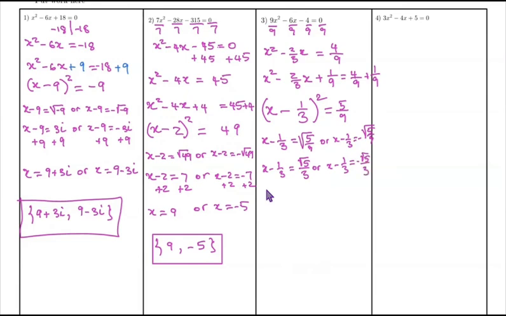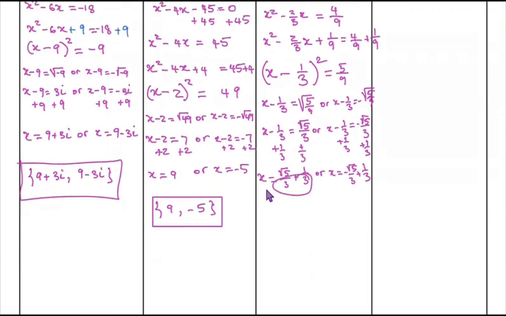Let's add 1/3 on both sides. That is x equals square root of 5 over 3 plus 1/3, or x equals negative square root of 5 over 3 plus 1/3.